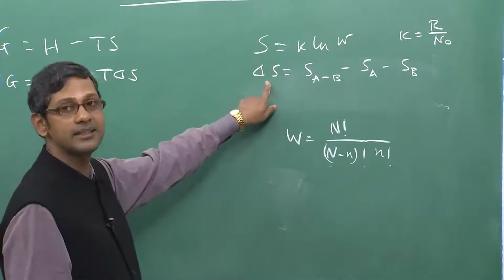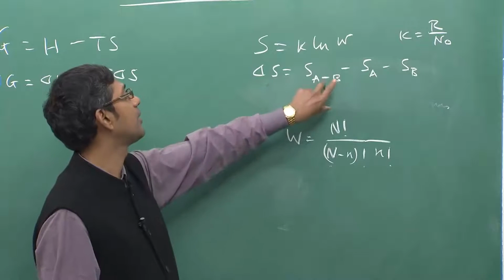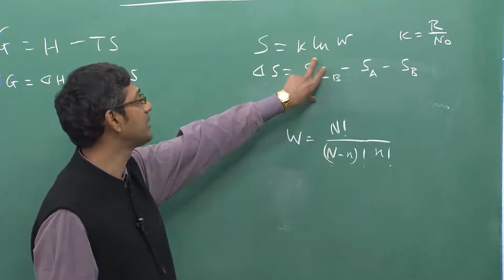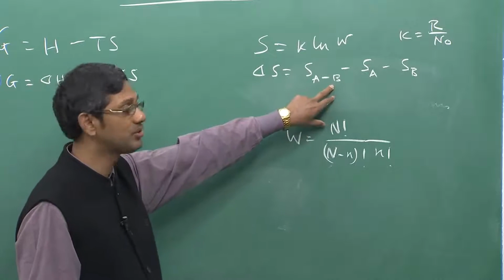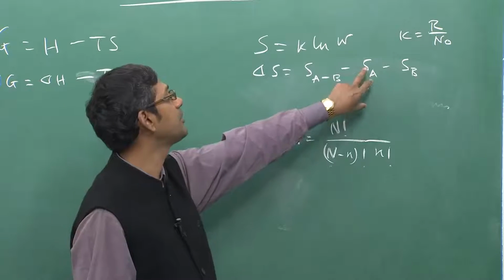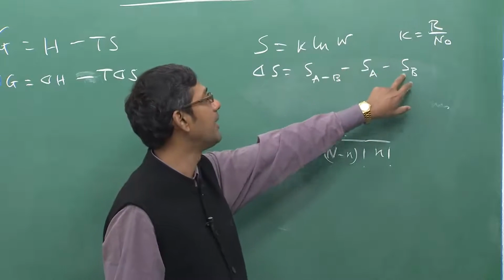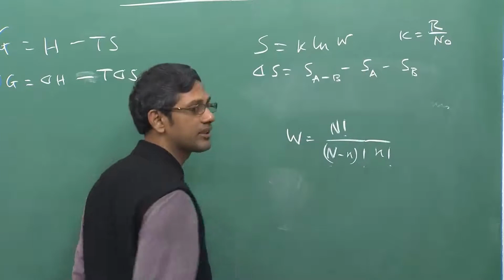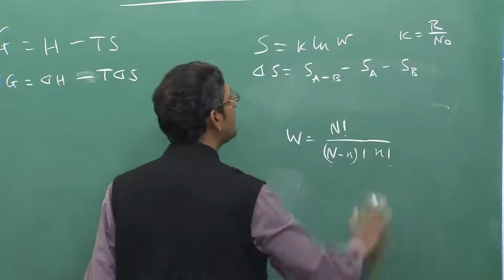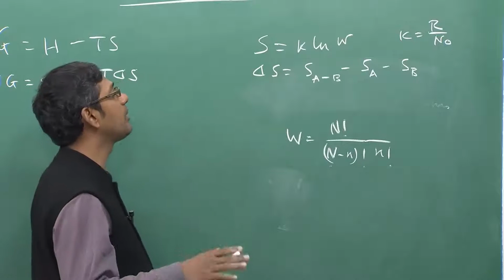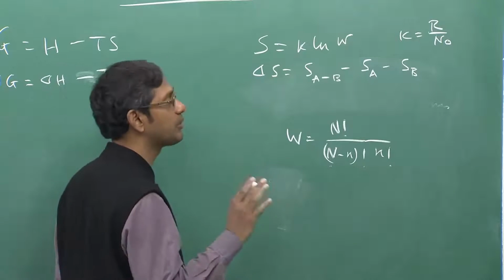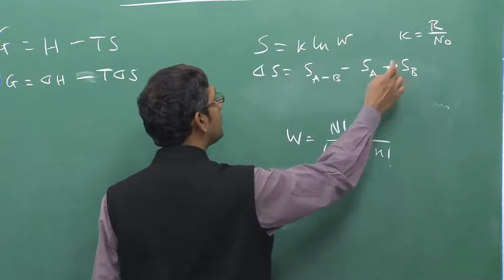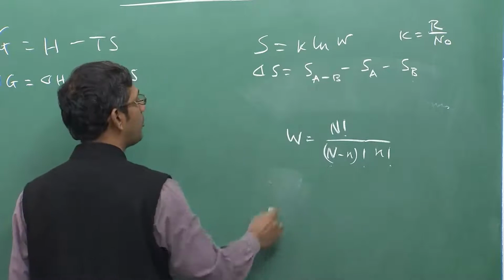Because delta S is the difference between the entropy of the system containing A and B atoms, minus the entropy of the system containing only A atoms, minus the entropy of the system containing only B atoms. These two must be subtracted because here there is only A type, here only B type, but here you have a mixture of both.